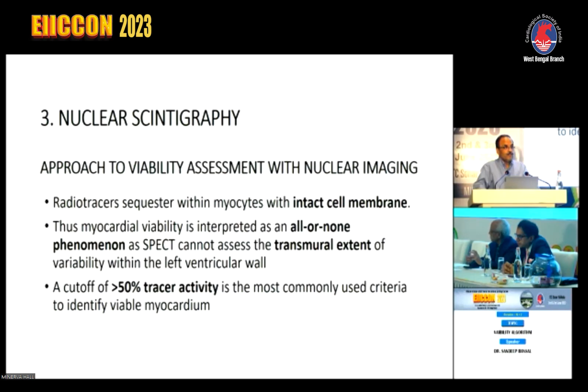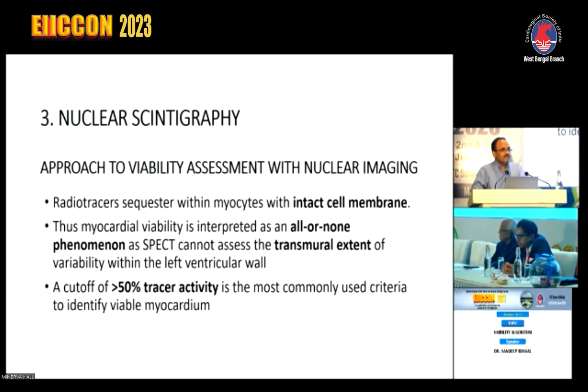The good old thallium used to behave as potassium, and we know that potassium is an intracellular ion. So thallium would go into the cell, and it can do that only when the cellular integrity is preserved and there is some degree of metabolism occurring. So based on thallium scans, we could predict more reliably whether there is myocardial viability or not.